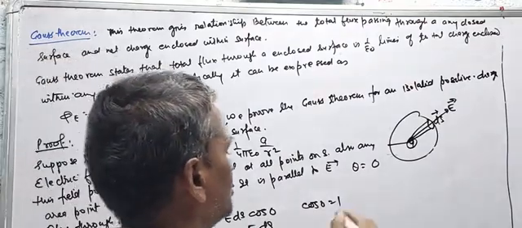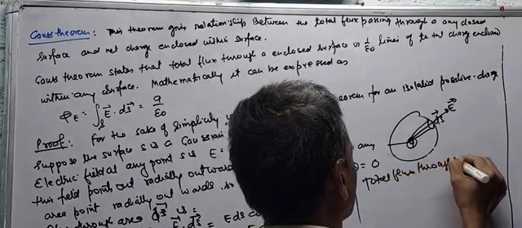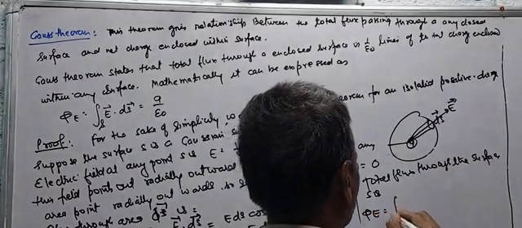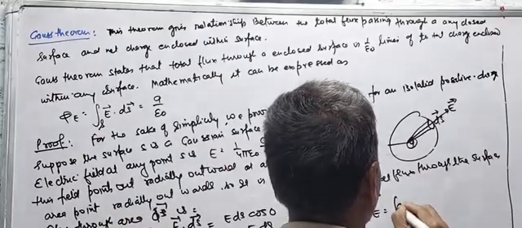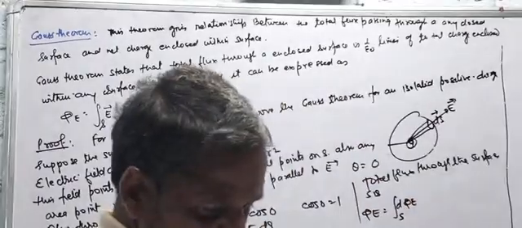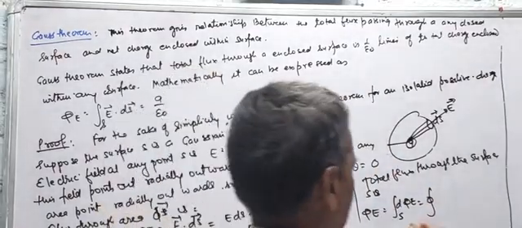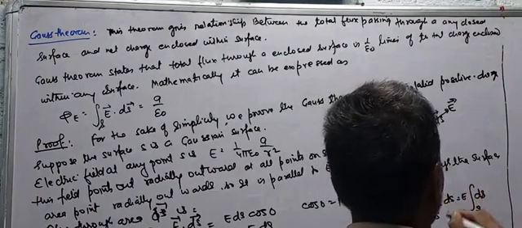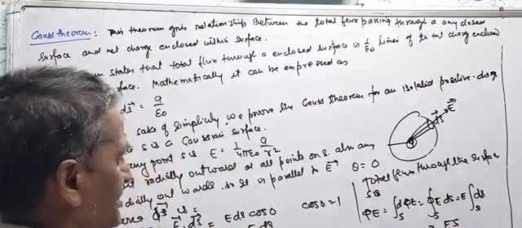Total flux through the surface S is phi E equal to surface integral d phi E, that is surface integral over S of E dS, that is E into total area of the sphere.